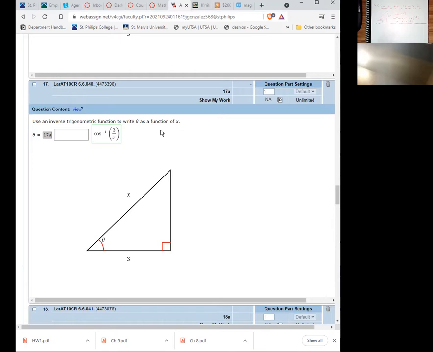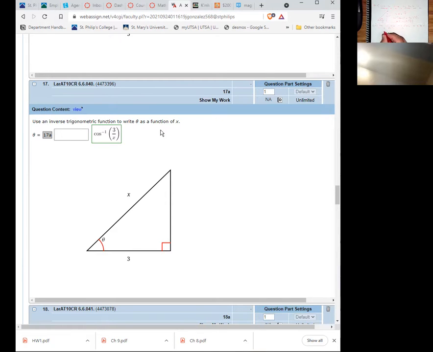Number 17 is the same thing, but we can go ahead and do it. Use an inverse trig function to write theta as a function of x.